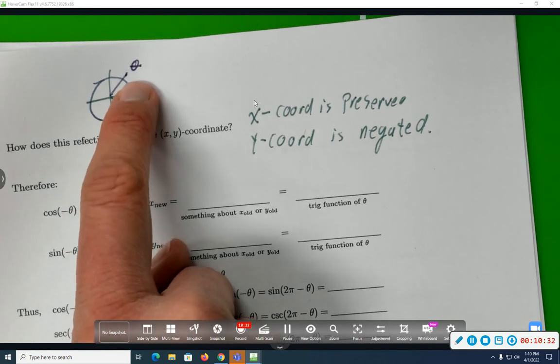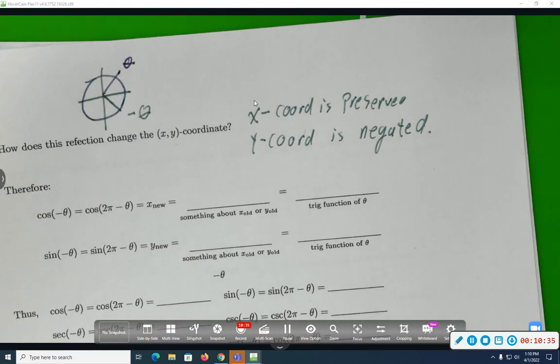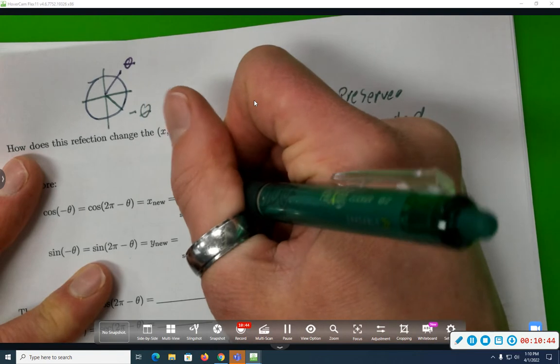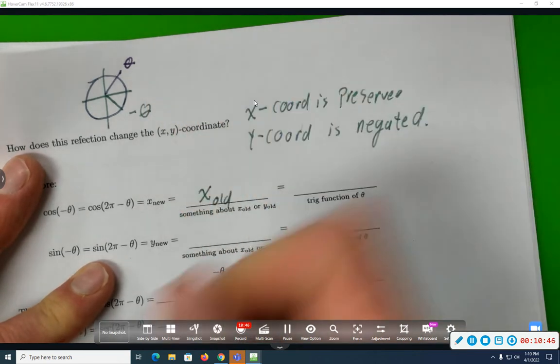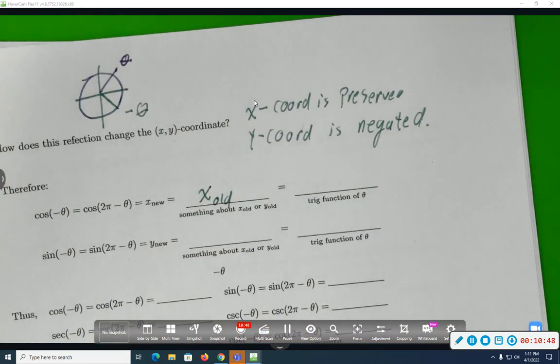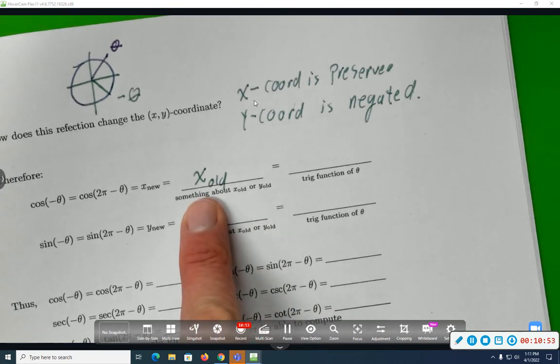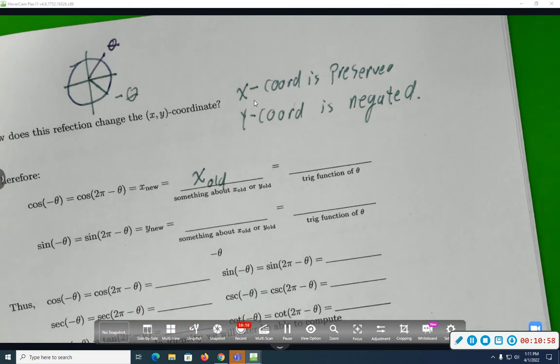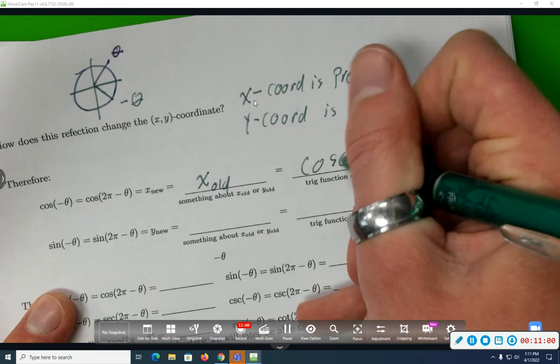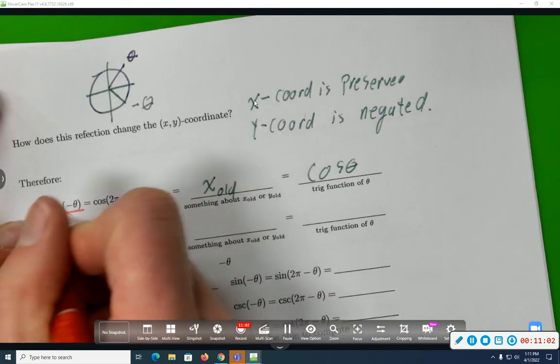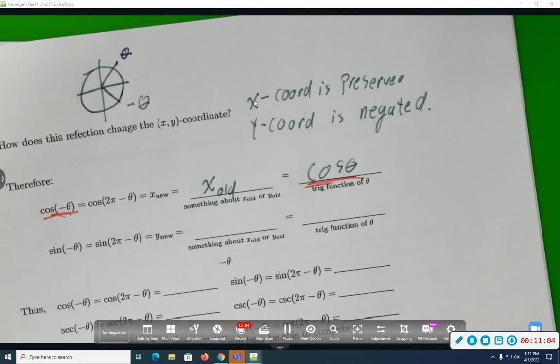What's that in terms of the x-coordinate at the end of the purple line? It's the exact same? X. Yeah, it's whatever that x value is. Maybe I'll call them x old and x new for the new point and the old point. But the x-coordinate of the original point, what's that in terms of a trig function? Which trig function gives you the x-coordinate? Cosine. Here's the payoff. Cosine of negative theta is equal to the cosine of theta.